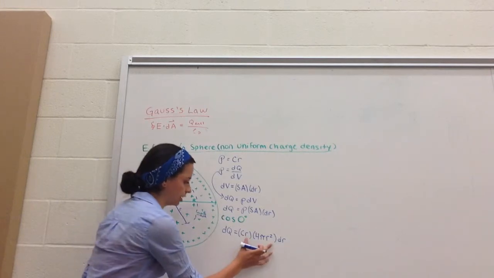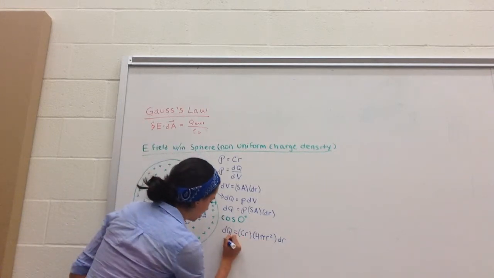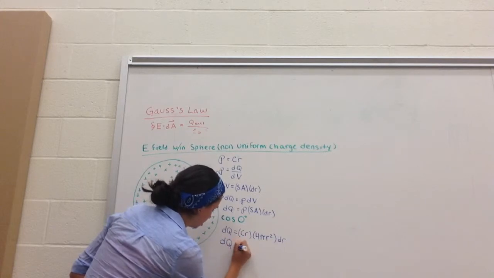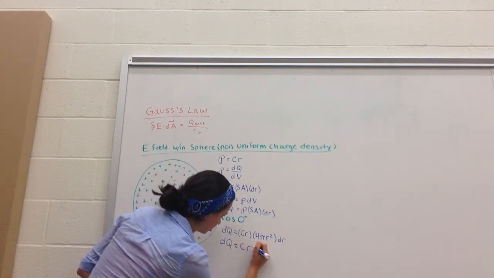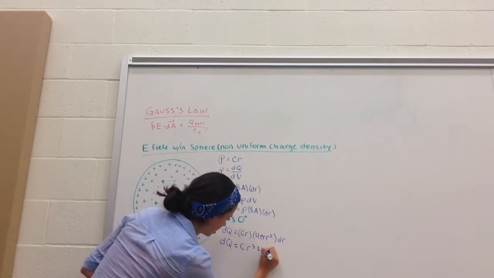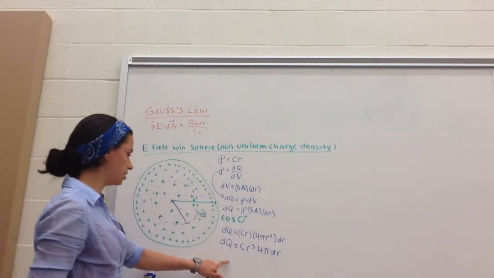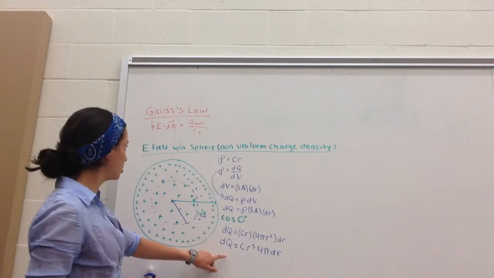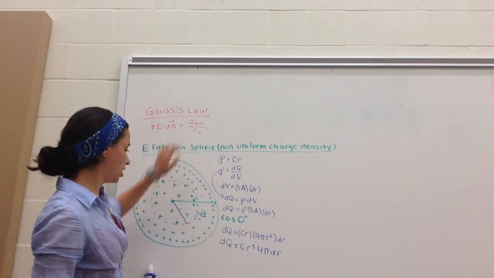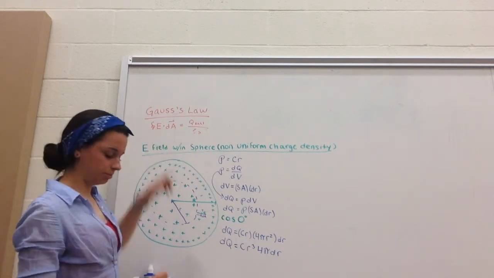And we can combine our like terms, our r's, so that dq equals C r cubed times 4 pi dr. Alright, so that's dq. And now we can use our Gauss's law and solve for the electric field.